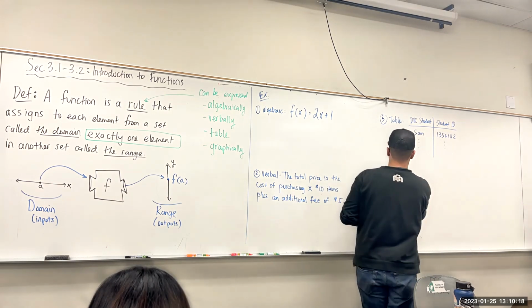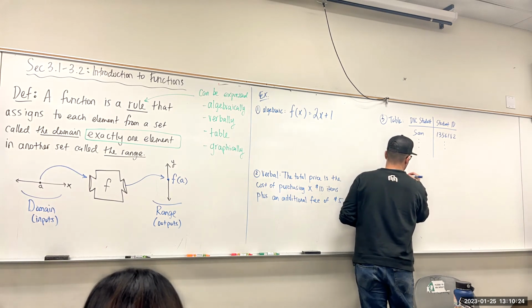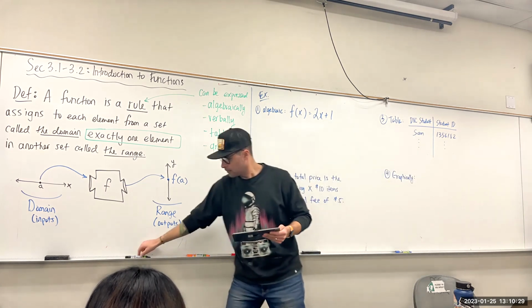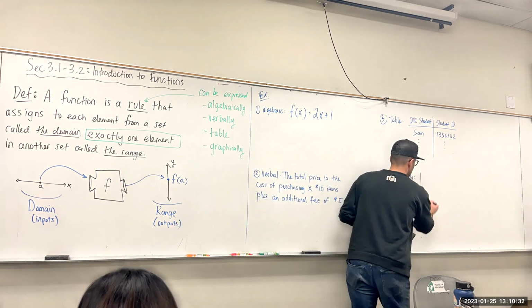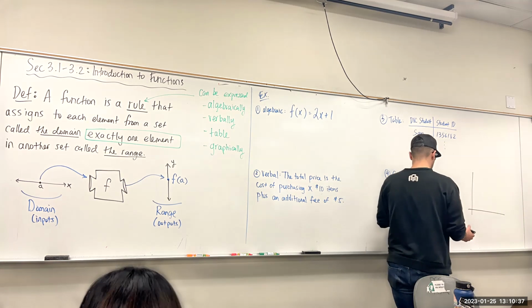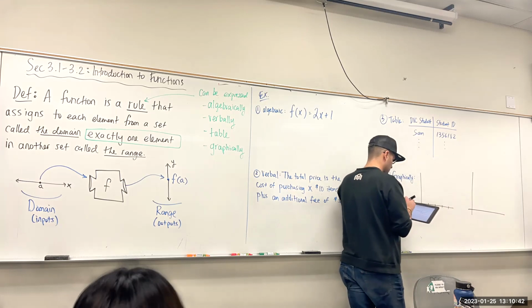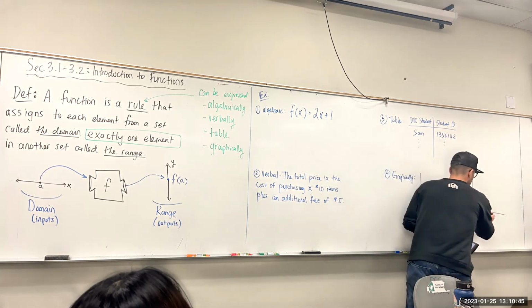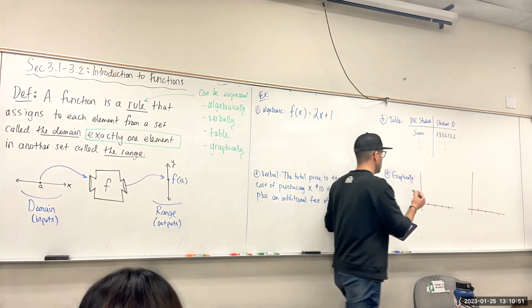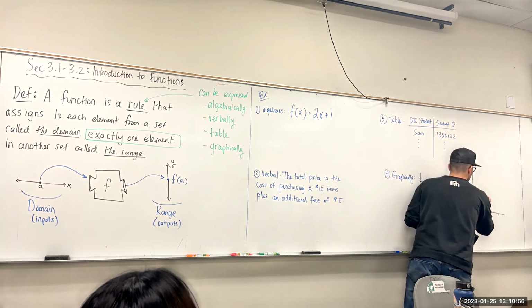Okay, and then let's do graphically. I'm going to draw two of these for you. Put 1, 2, 3, 4, 5 on the horizontal, and 5 on the vertical as well.